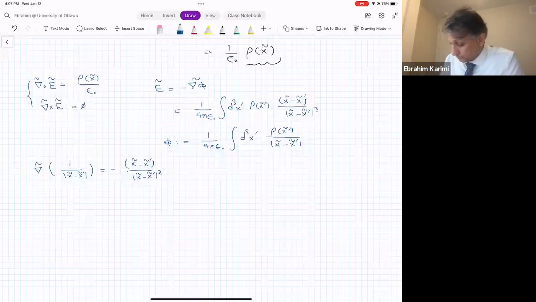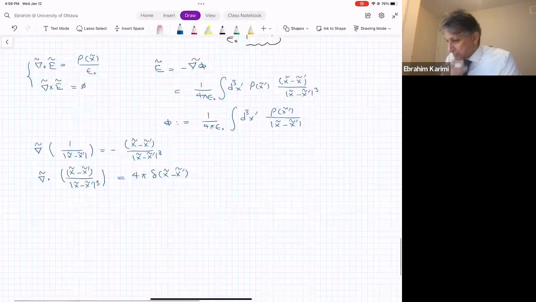And the divergence of (x minus x prime) divided by |x minus x prime| cubed, which during the break we showed how to use the Gauss theorem, bring into the surface, and how you get the delta function, that will be 4 pi delta of x minus x prime. Clear?